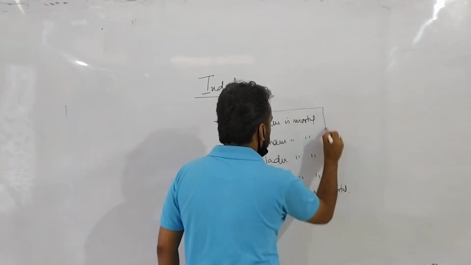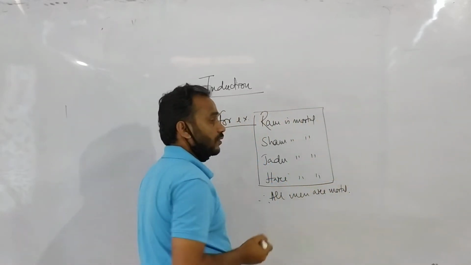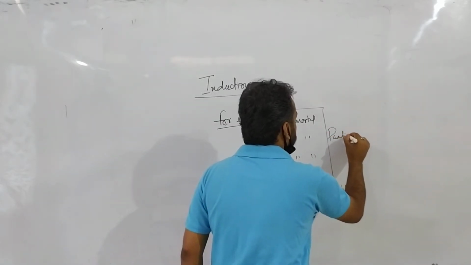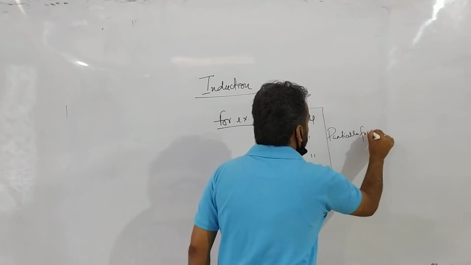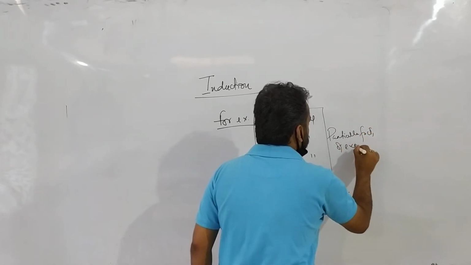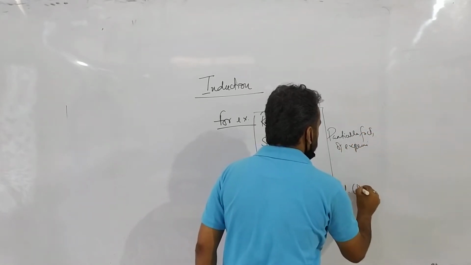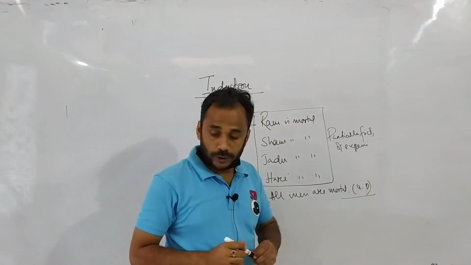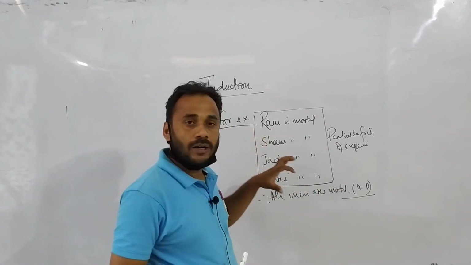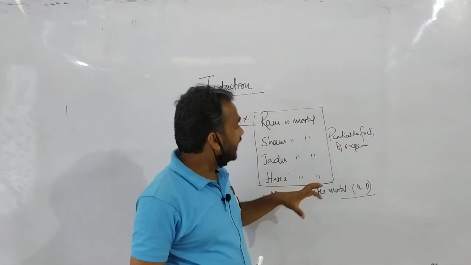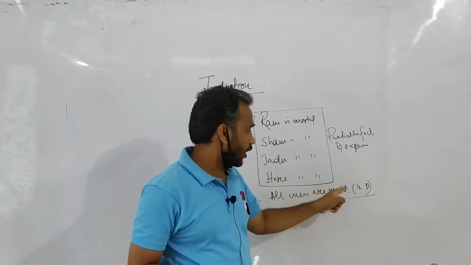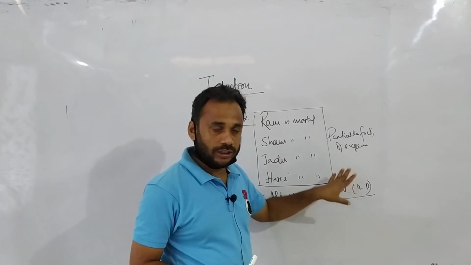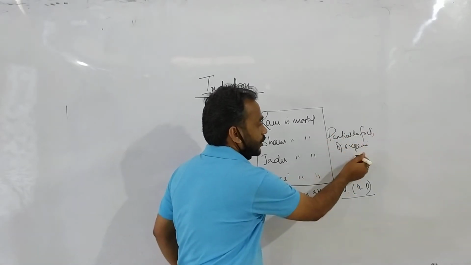These are the particular facts of experience, and this is the general proposition, that means the conclusion. So induction is the process of inferring a general or universal proposition on the basis of particular facts of experience.